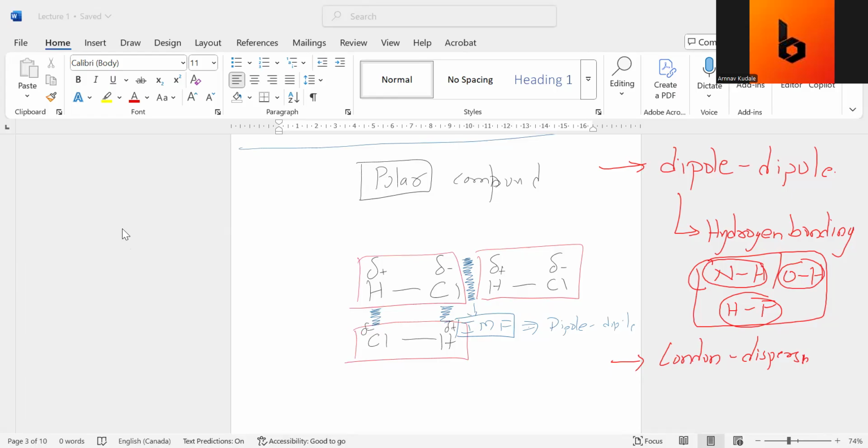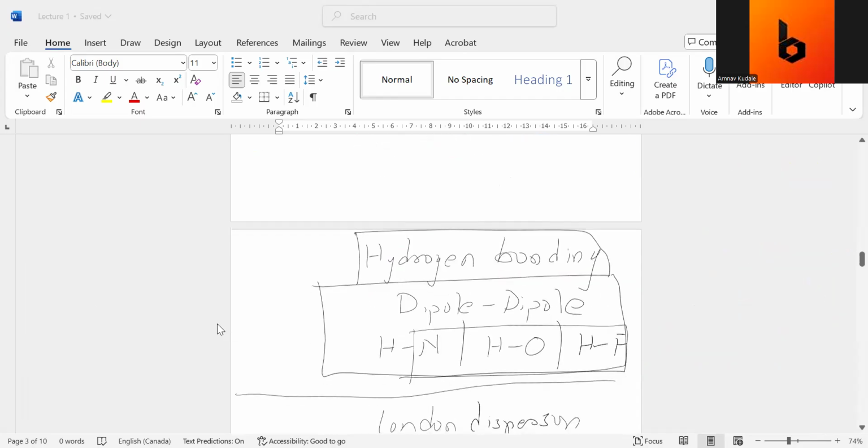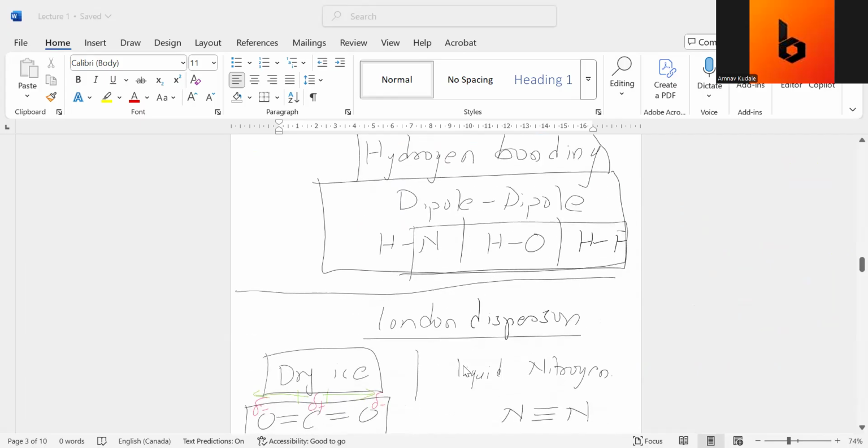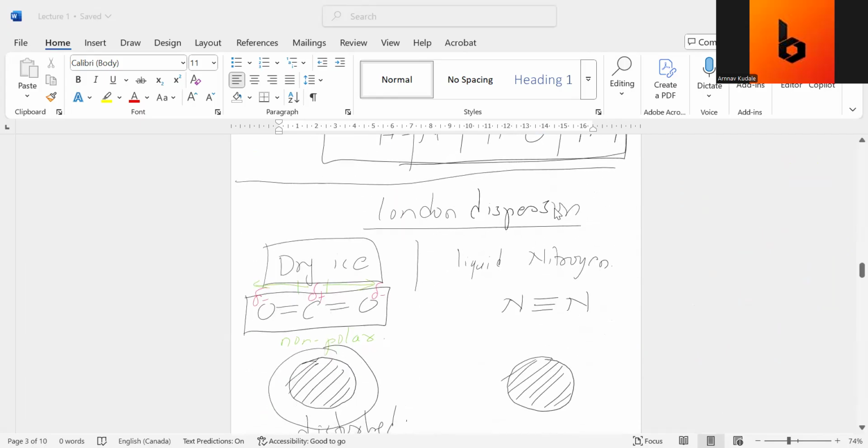Any doubt with dipole-dipole? No, sir. Now, hydrogen bonding I already explained: it is just dipole-dipole, but in a separate category because if you calculate the differences they are maximum. Then comes the next, London dispersion.